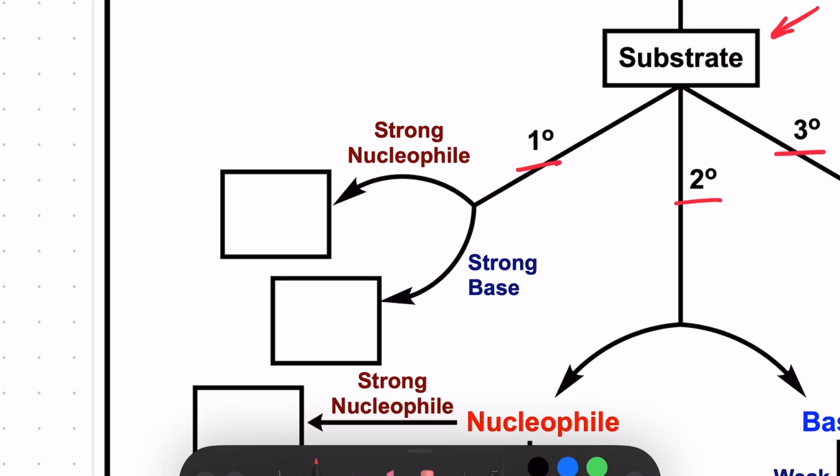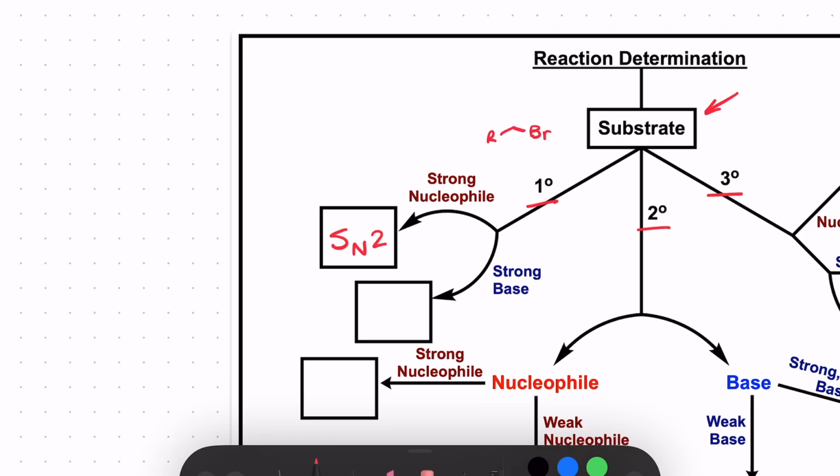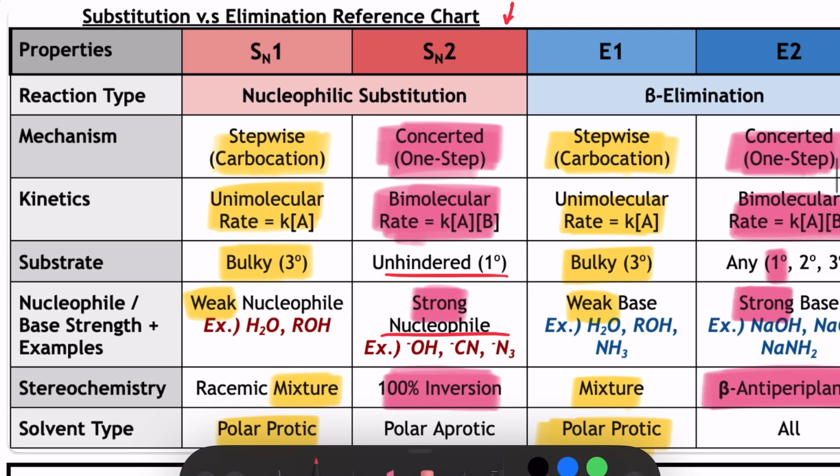If I have a primary alkyl halide, so something that looks like this, and I react it with a strong nucleophile, what kind of reaction do you expect? Right, SN2. I expect an SN2 reaction. Strong nucleophile, primary alkyl halide, and we can see that right here. Unhindered primary with a strong nucleophile, that is directly SN2.